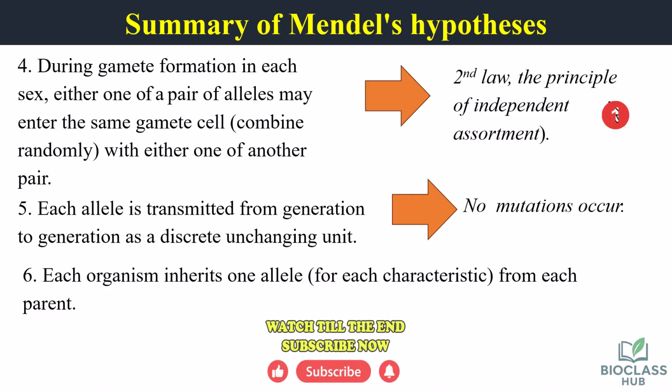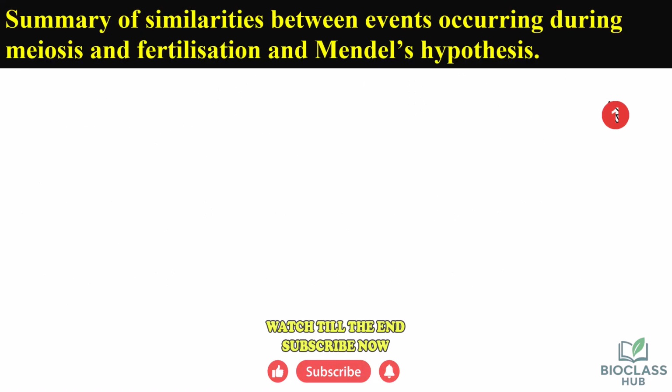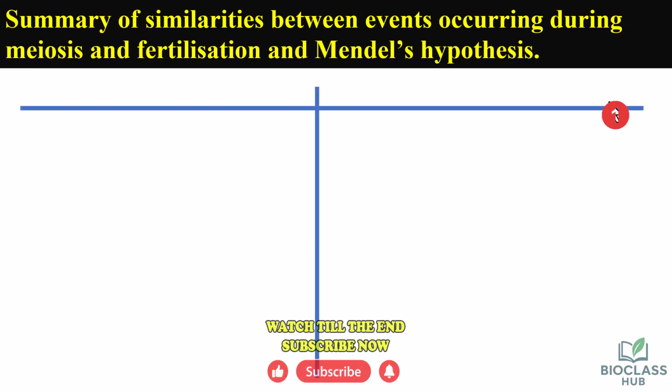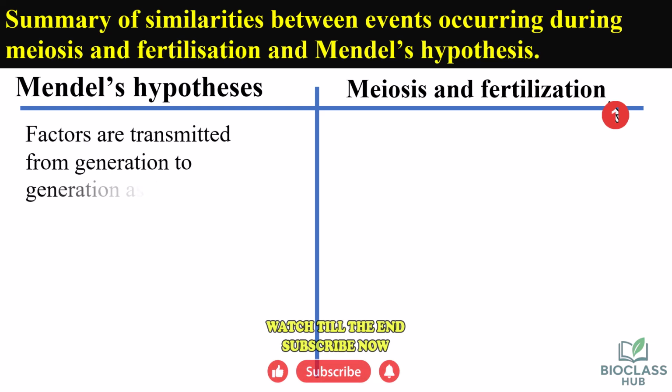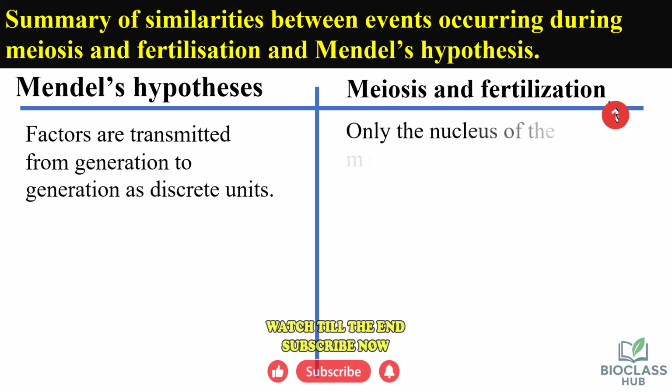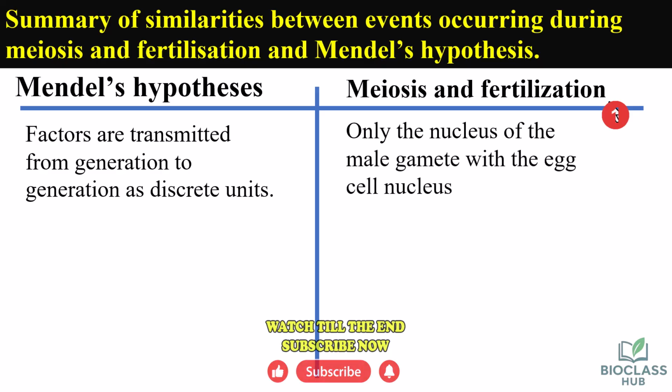Summary of similarities between events occurring during meiosis and fertilization and Mendel's hypothesis: factors are transmitted from generation to generation as discrete units. Next, each organism inherits 1 factor from each parent.